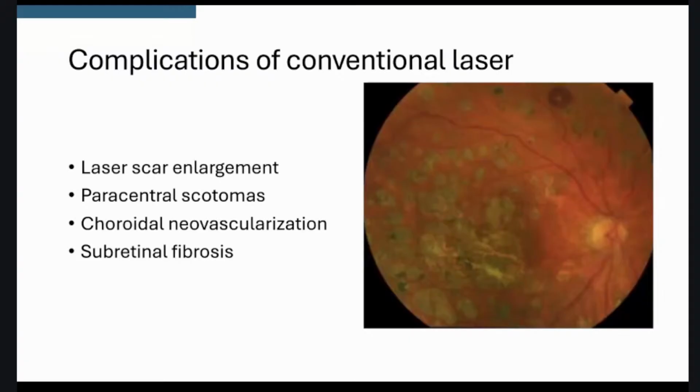Even if the laser was not applied close to the fovea, with the enlargement of the scar, you can get paracentral scotomas. You can also get CNV and subretinal fibrosis as complications. And unfortunately, once the patient has lost vision due to that, the visual prognosis is quite poor.